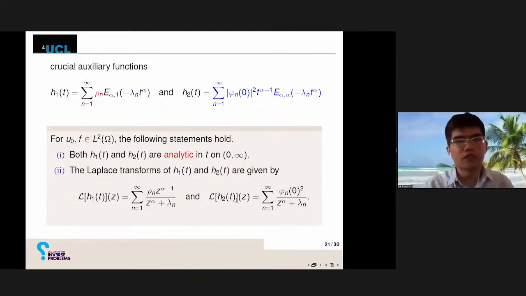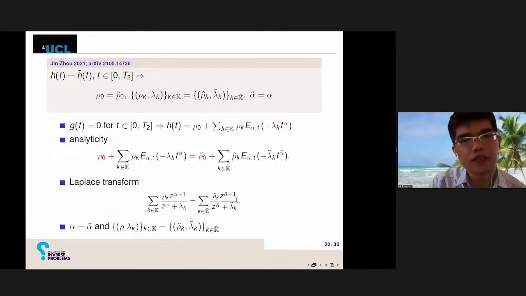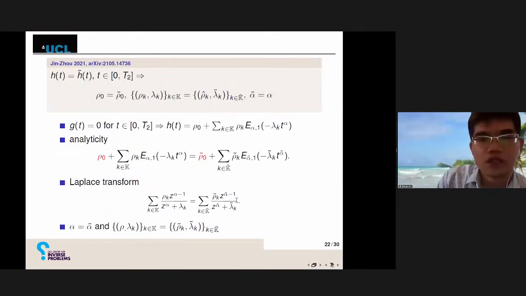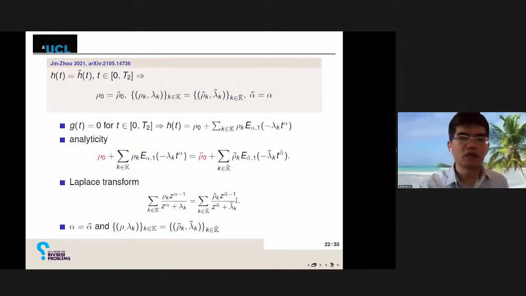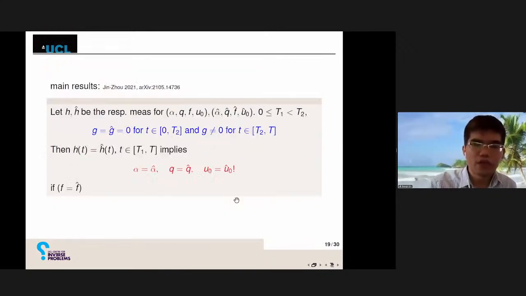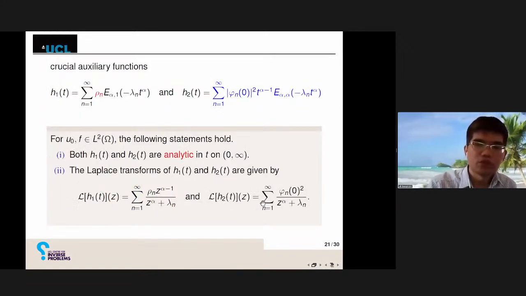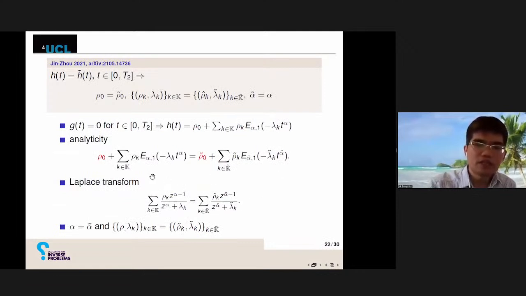Based on these simple facts, we can now proceed to show how this recovery result I showed you earlier can be true. This step is actually very simple, so let me just indicate it here. First, because G vanishes at the beginning, our measurement can be represented in this manner.